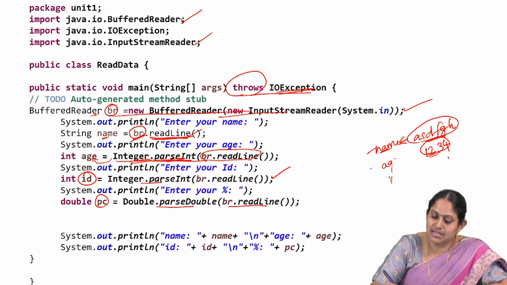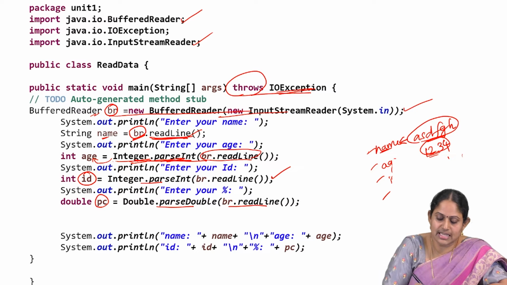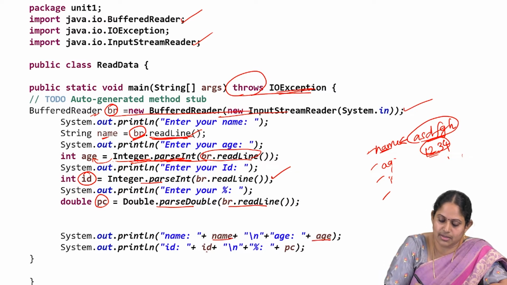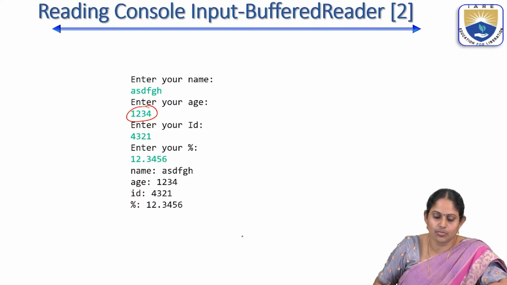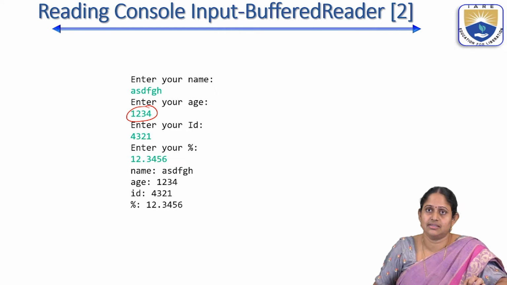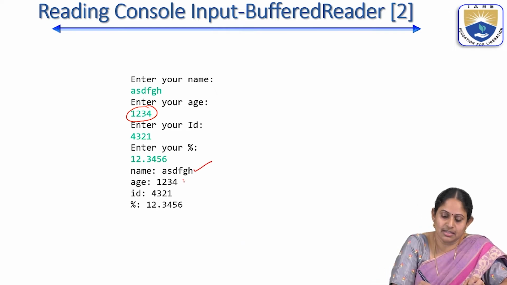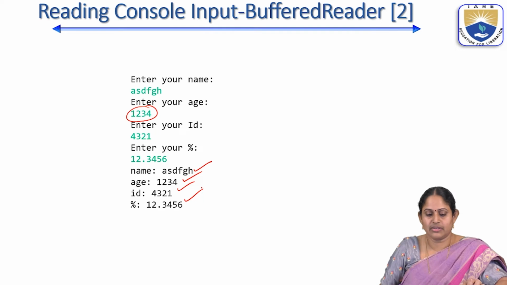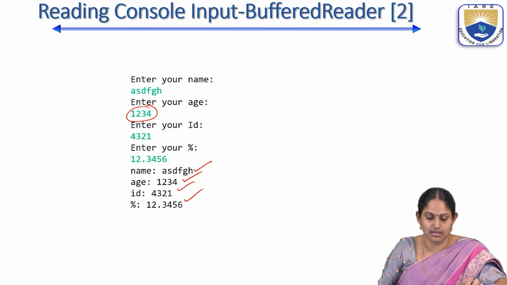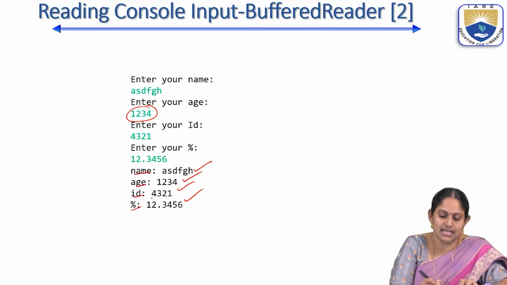Now these variables are storing all these contents and they are being retrieved and displayed here. So finally you get the output like this, with the values read from the keyboard stored into name, age, ID and percentile.